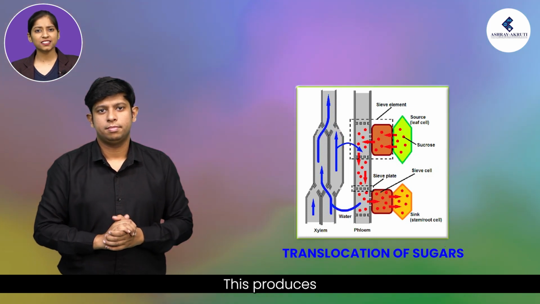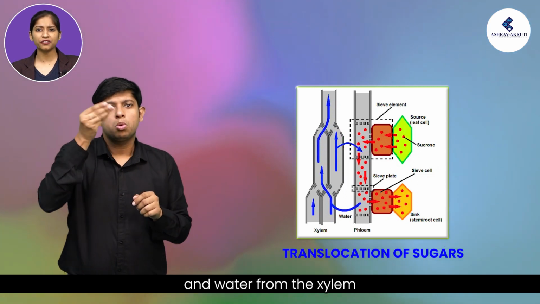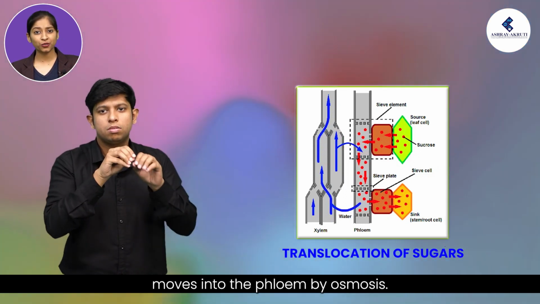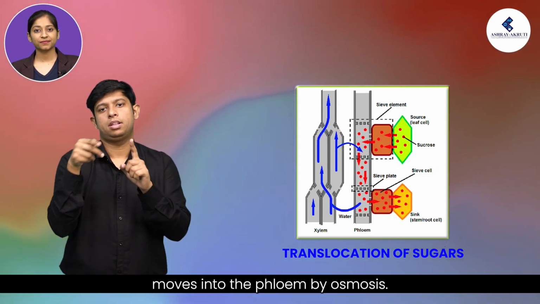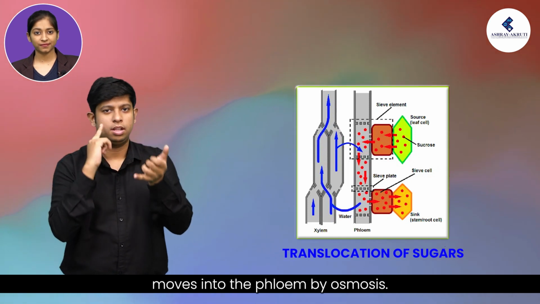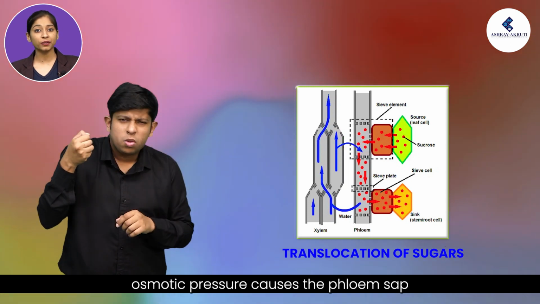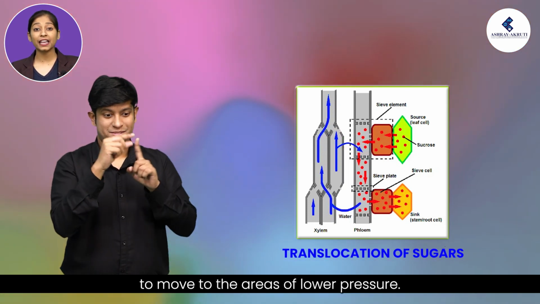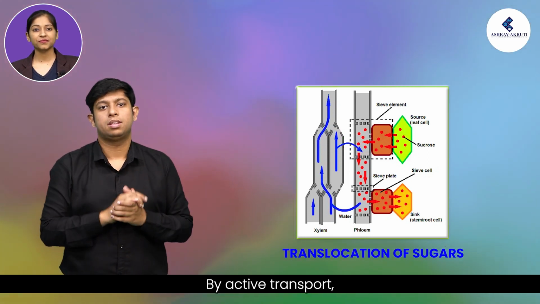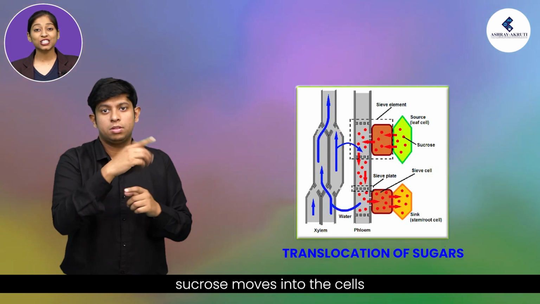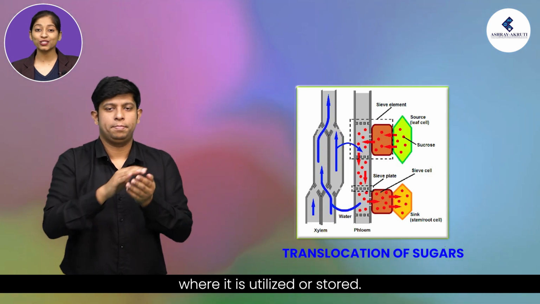This produces a hypotonic condition in the phloem, and water from the xylem moves into the phloem by osmosis. The increased osmotic pressure causes the phloem sap to move to the areas of lower pressure. By active transport, sucrose moves into the cells where it is utilized or stored.